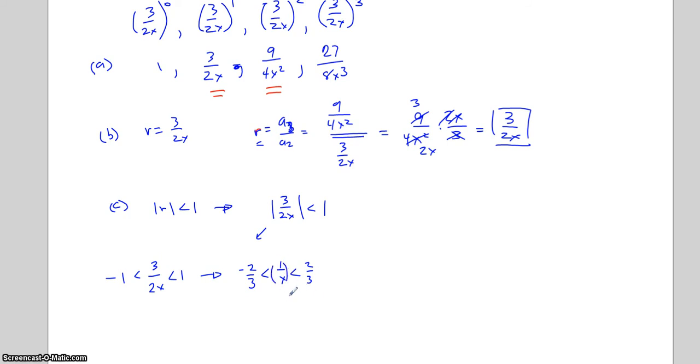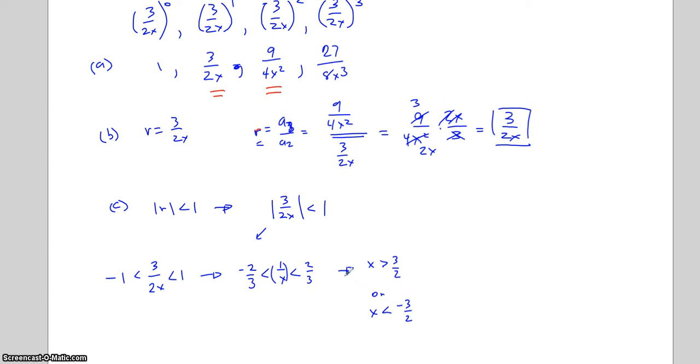Now here's where we have to do a little bit of interpretation. What does it mean if the reciprocal of x lies between negative 2/3 and 2/3? Well, that's going to mean that x can be greater than 3/2, or x can be less than negative 3/2.